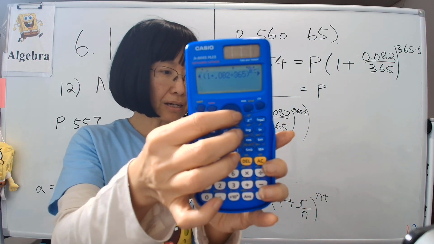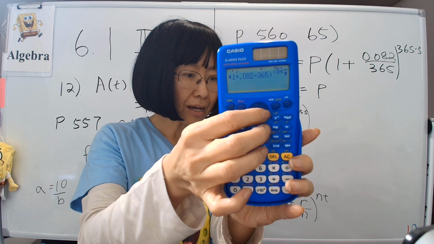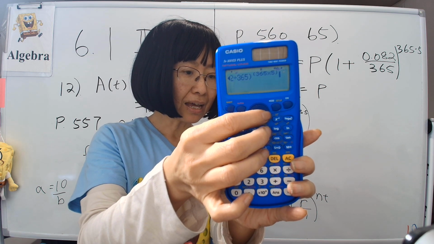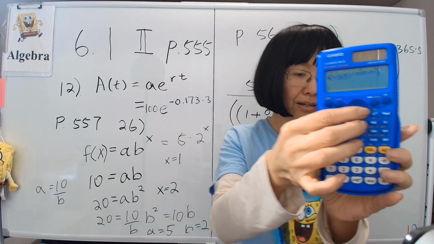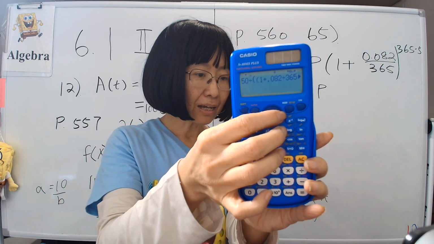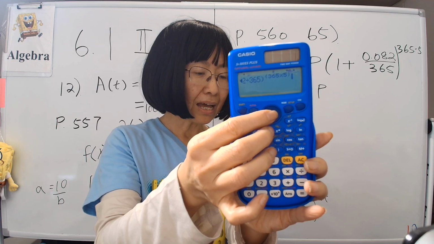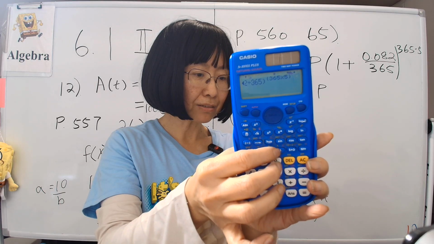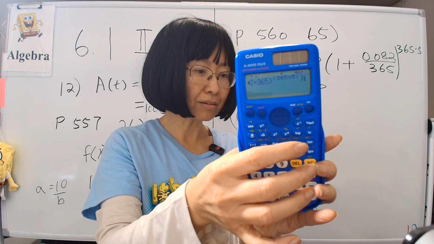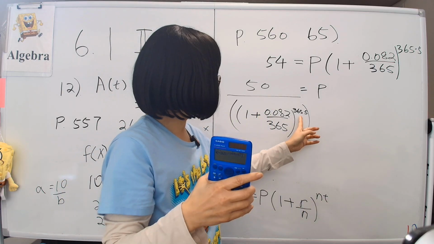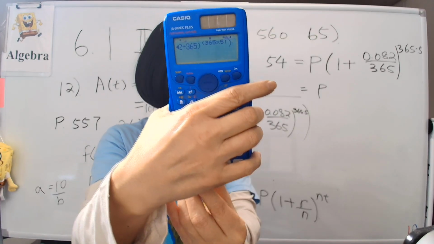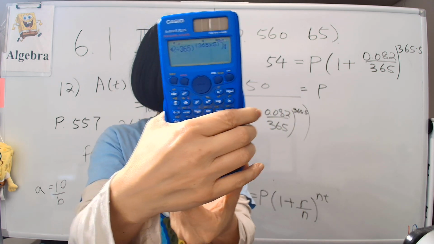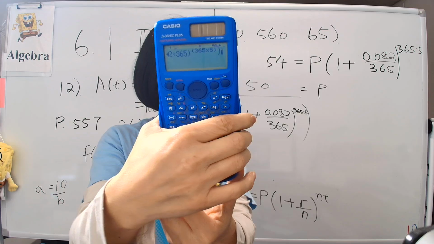Then I raise it to the power 365 times 5. Where's my close parenthesis? I forgot to put it. So I have 2 close parentheses, not counting the exponent, which I also put in parentheses just to be safe. I don't think I need it there, but anyway, that should do it.